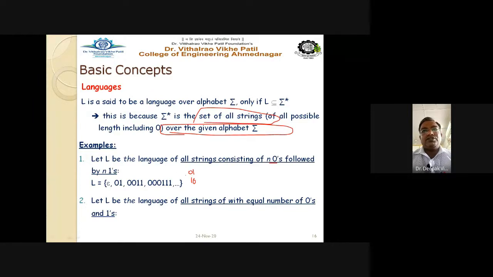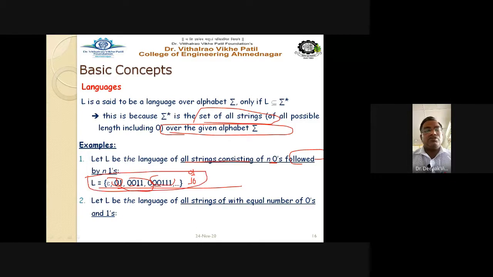If the language says all strings consisting of n number of zeros followed by n number of 1s, it means the number of zeros and the number of 1s are equal, and the arrangement must be 0 followed by 1. So 0 1, double 0 double 1, triple 0 triple 1. All the strings comprising such a combination, if we collect them, form your language. This is called the language.